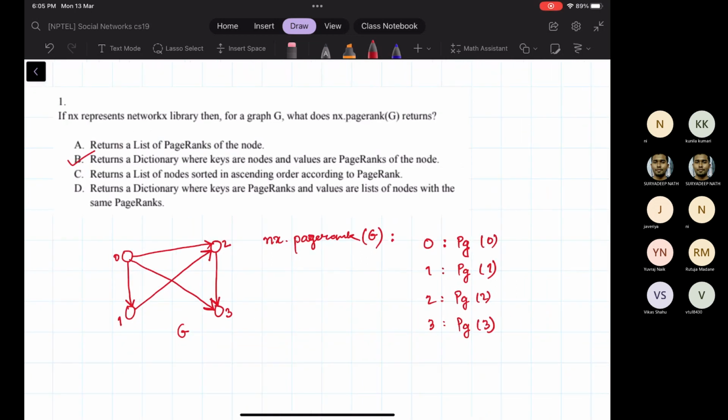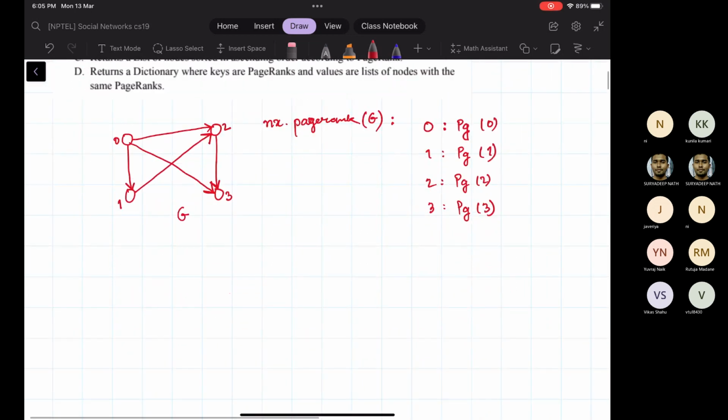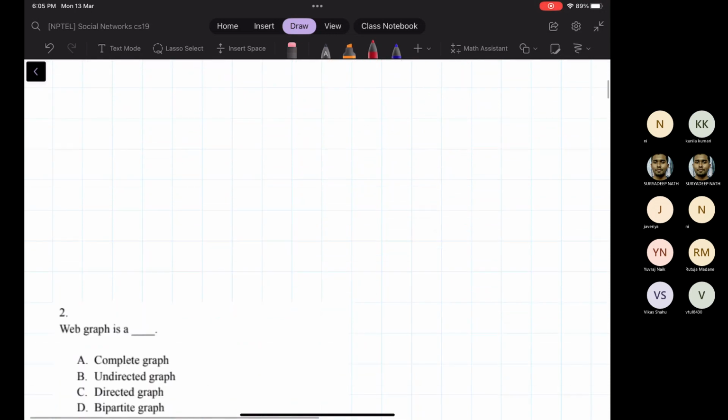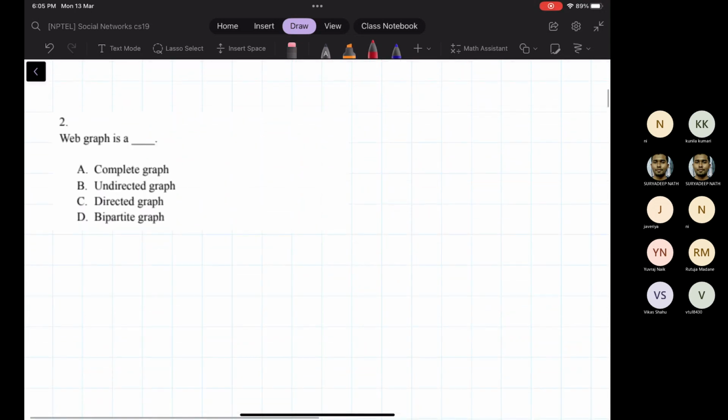Okay, so moving on to the next question. A web graph is, you have four options: a complete graph, an undirected graph, a directed graph, a bipartite graph.